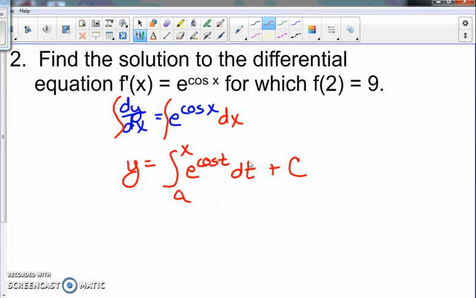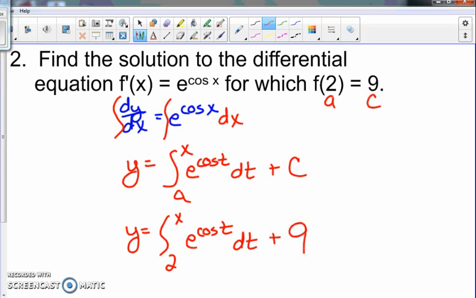But for our particular solution, we have an a value. This right here is our a value. So our particular solution would be y equals the integral from 2 to x of e to the cosine of t dt, and then your constant is going to be whatever that y coordinate is.